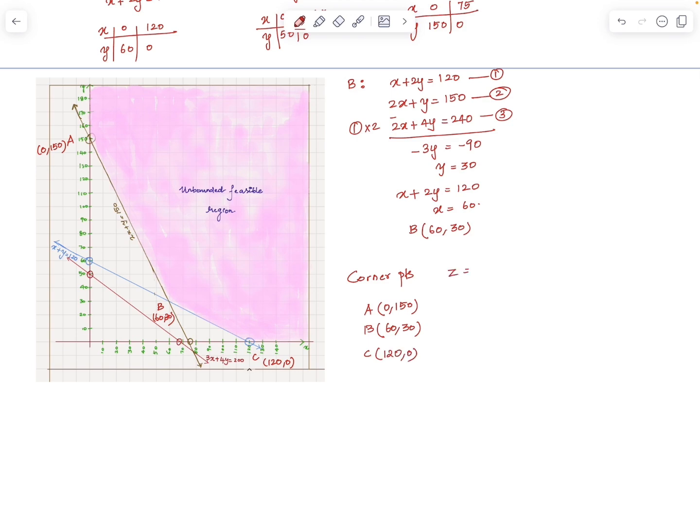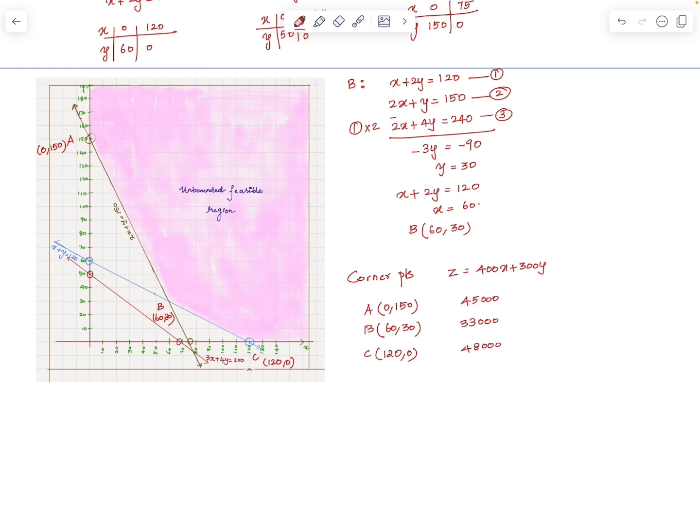The value for Z for A we get 45,000, for B we get 33,000, for C we get 48,000.